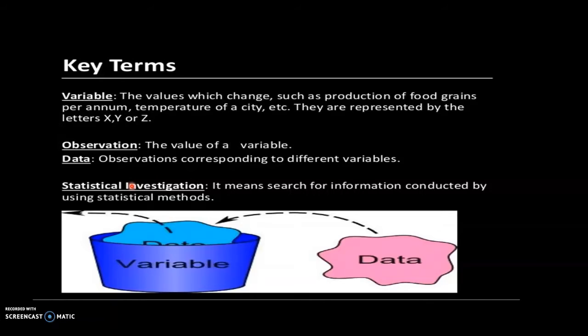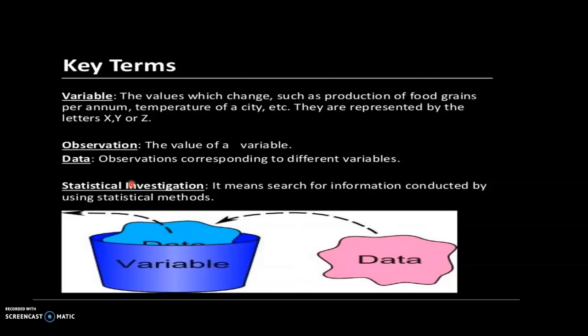The next one, data. Observations corresponding to different variables are known as data. To know the fluctuations in food grains production, we need the data on the production of food grains in India for various years. So, data is a tool which helps in understanding the problems by providing information.